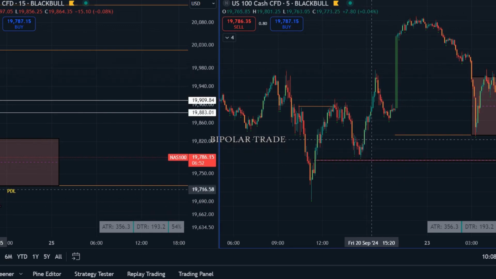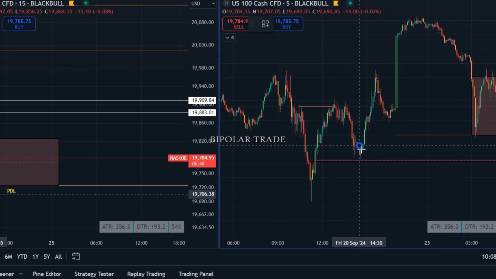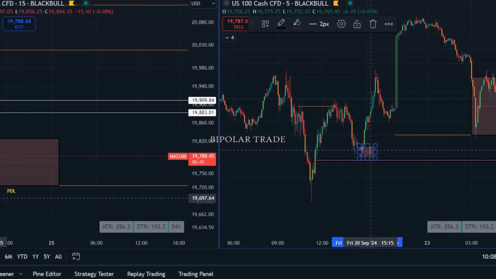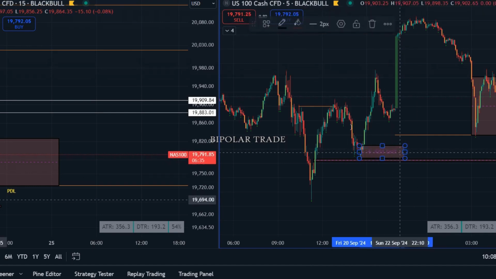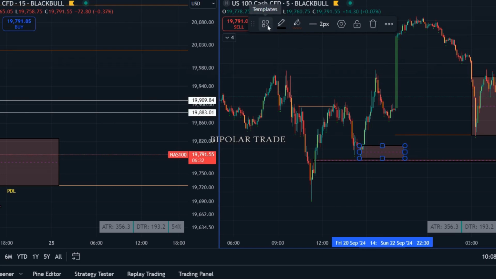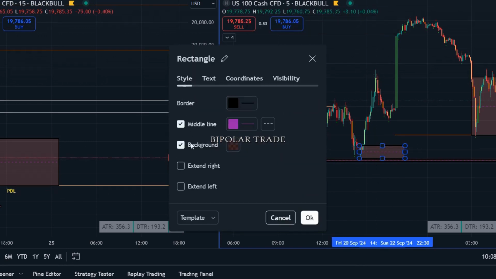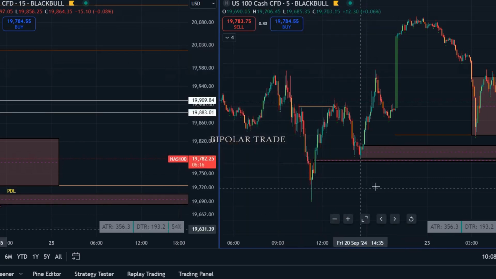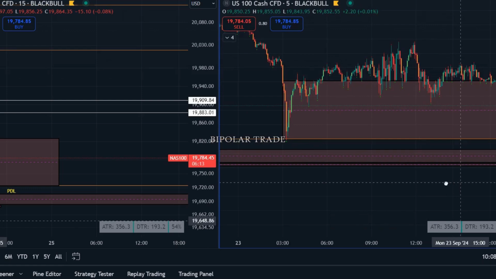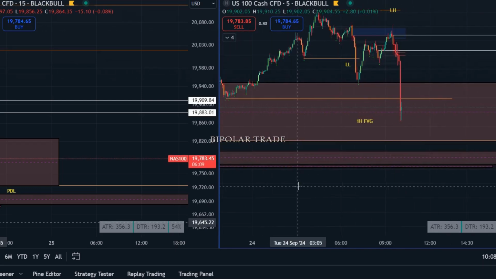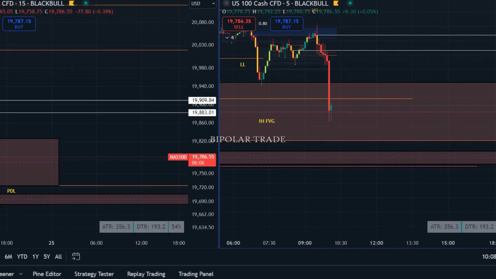So this point and this OB can be a crucial one. This is gonna be a crucial area.